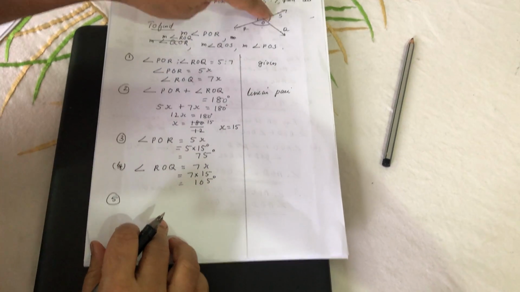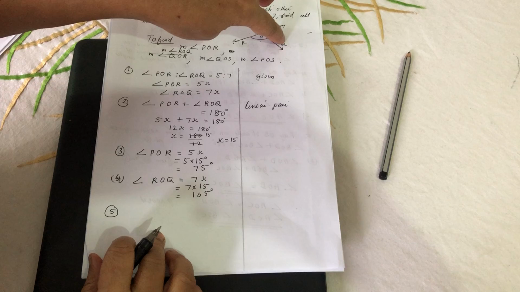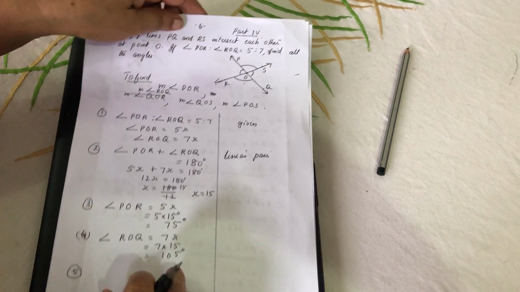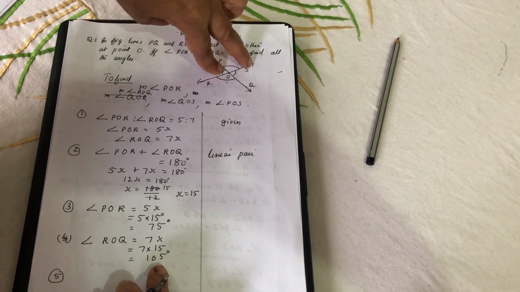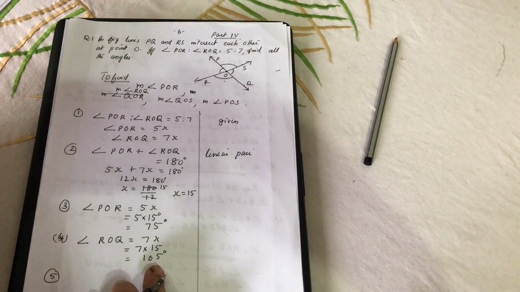Then fifth step. You got POR, and vertically opposite angles are there here. So POR you got 75. This is the vertically opposite angle QOS. So these two angles are equal.